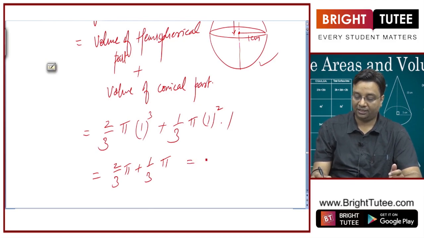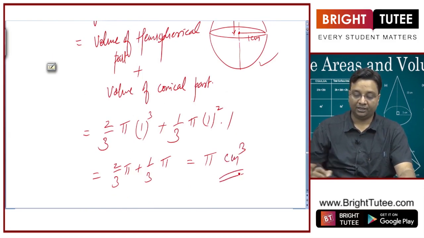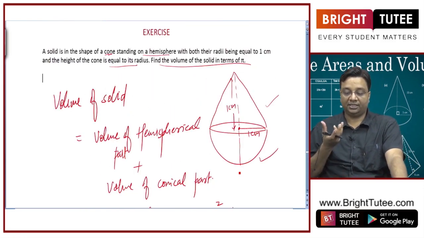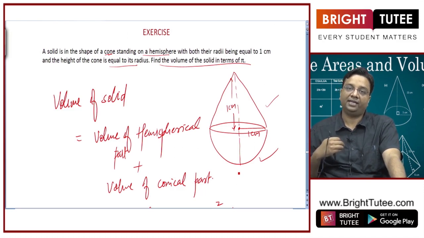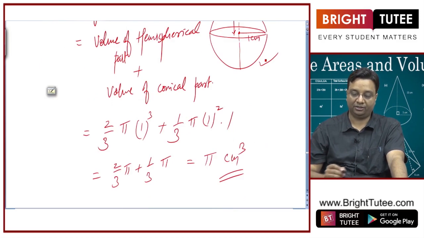So this is exactly equal to pi, and the unit is centimeter cubed. So the volume of this solid is pi centimeter cubed. We had to calculate it in terms of pi, so it is equal to pi centimeter cubed.